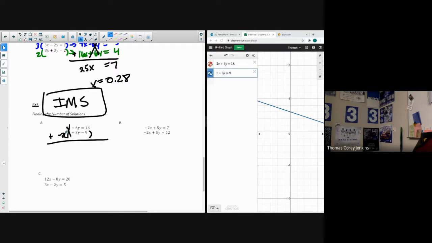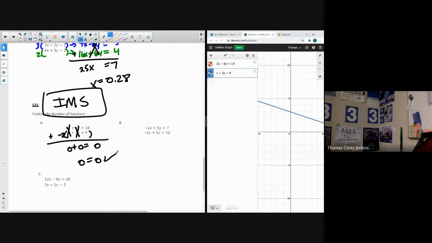We have 6y plus -2 times 3y, so that'd be 6y minus 6y, that'd be 0. And then on the other side, we have 18 plus -2 times 9, that's 18 plus -18, that equals 0. Okay, so that equation is true because 0 equals 0. So that's what an IMS looks like when you're doing elimination.